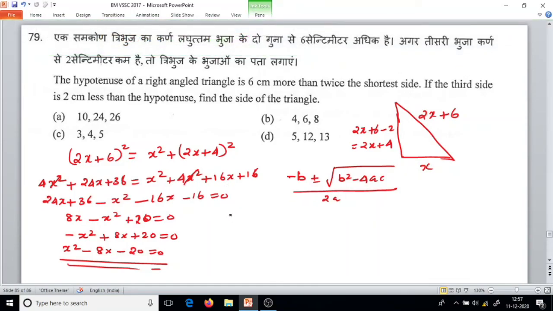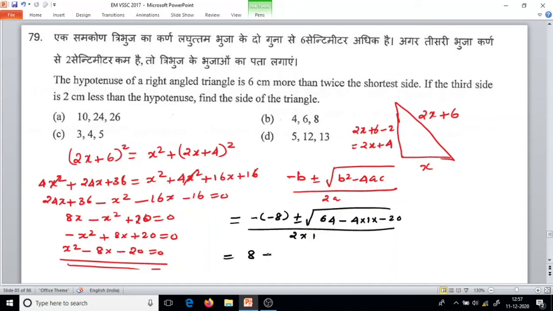Here b is minus 8, so minus of minus 8 is 8, and b square is 64, minus 4 multiplied by a equal to 1 and c equal to minus 20, whole thing divided by 2 into a equal to 1.